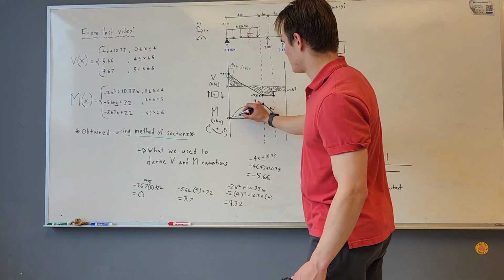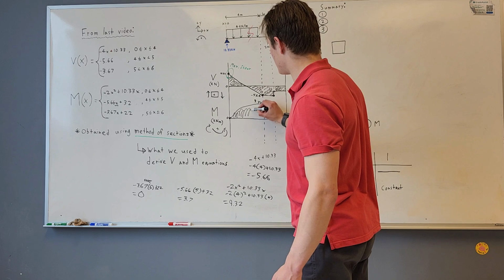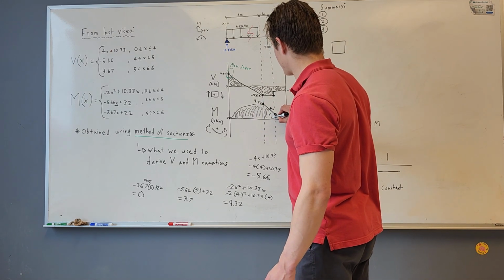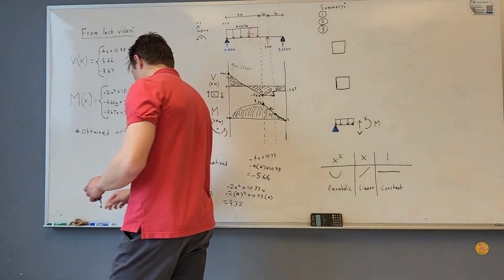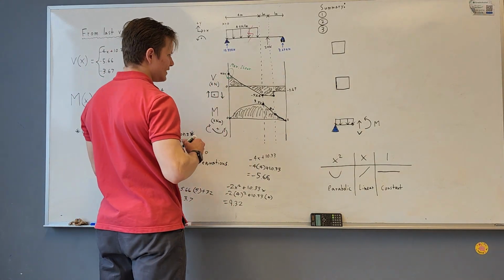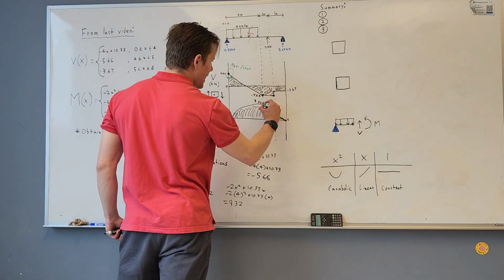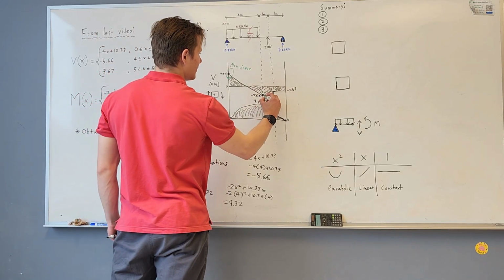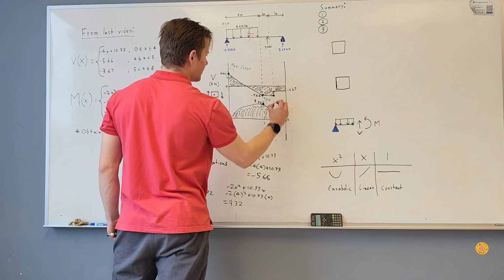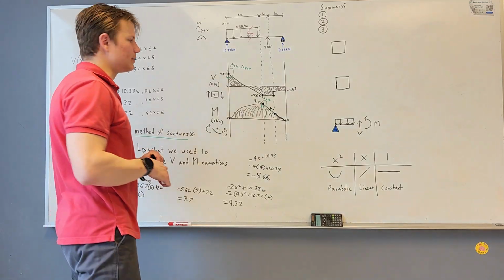And then I'll just go ahead and shade in our graph. And then, wow, look at that. We see we have our maximum moment at x equals 4. Just like that, we didn't have to do any calculations.